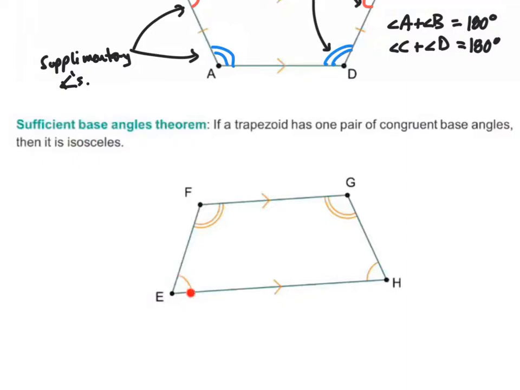If E is congruent to H, then we know that FE is congruent to GH, provided that we know these two sides are parallel. Same thing with angle F and angle G. If we have this pair of congruent angles, then you can automatically conclude that angle E is congruent to angle H and all that.